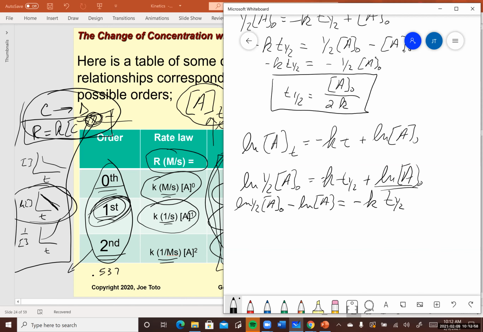So I can change this to ln of 1/2 A0 divided by A0. That equals minus KT 1/2. These guys cancel out. Guess what the log of 1/2 is?